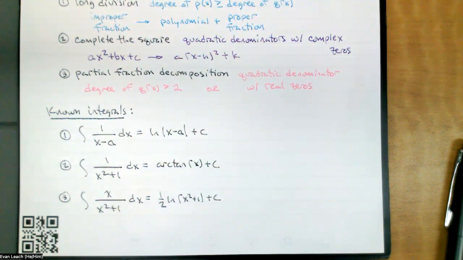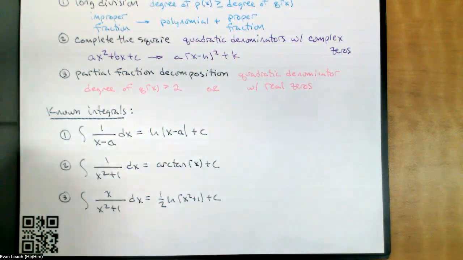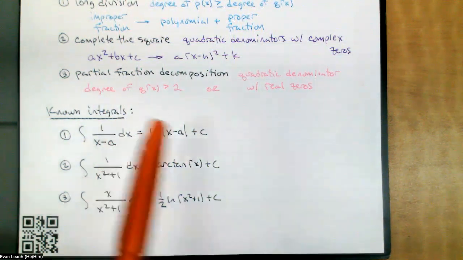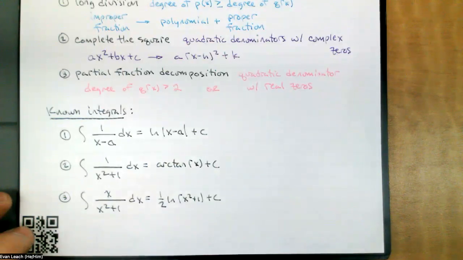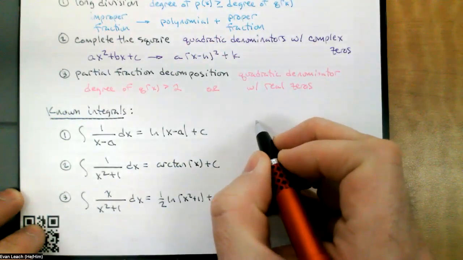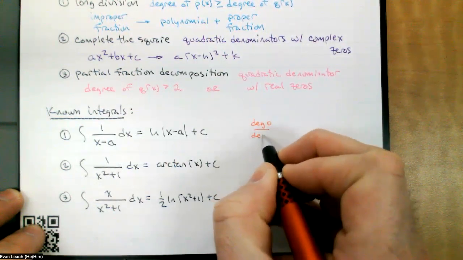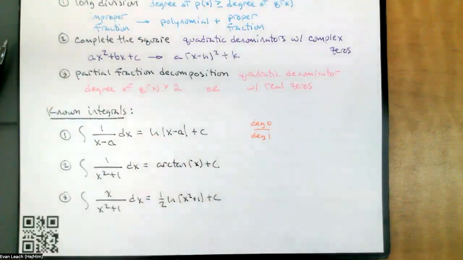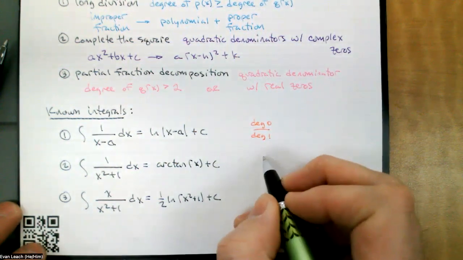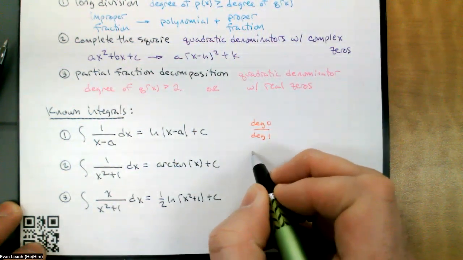So as far as categories go, this first one is just constant over linear, degree 0 over degree 1. This second category, 1 over x squared plus 1, that's a constant over quadratic, specifically quadratic with complex zeros. So this is degree 0 over degree 2.